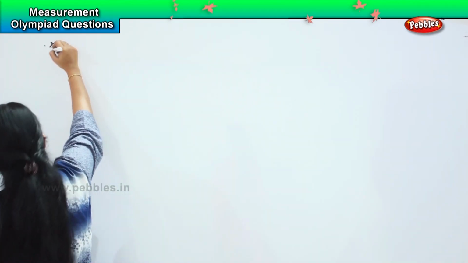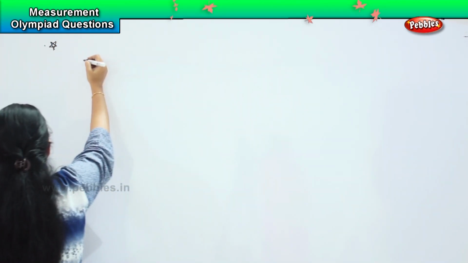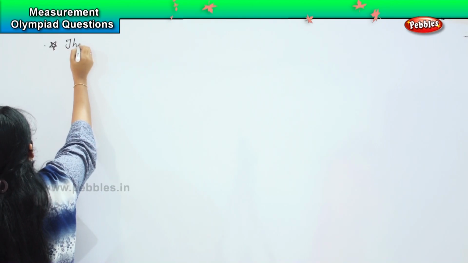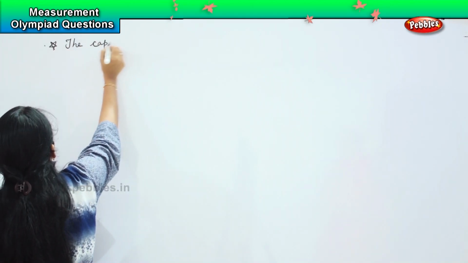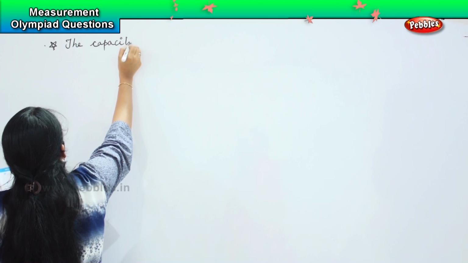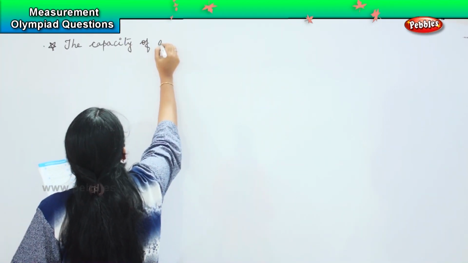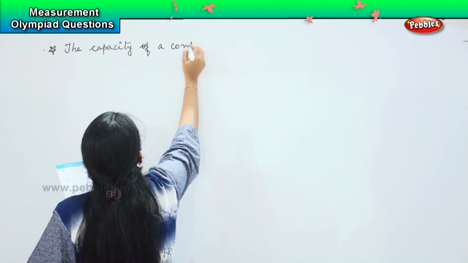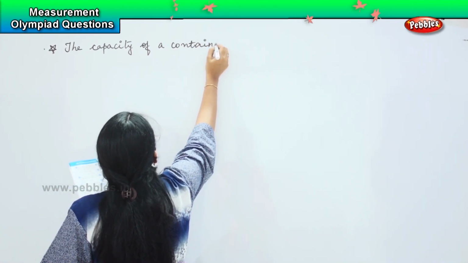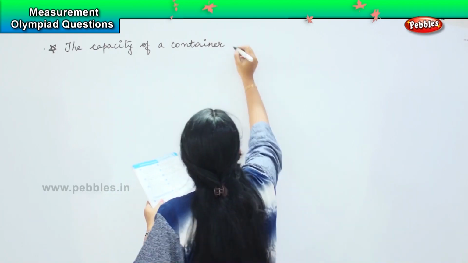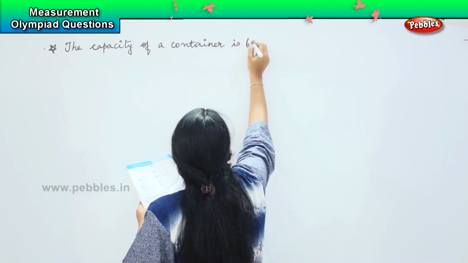The next question for you. The capacity of a container is 600 liters.